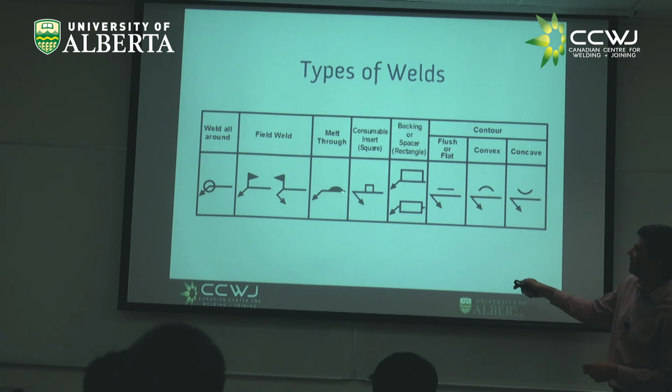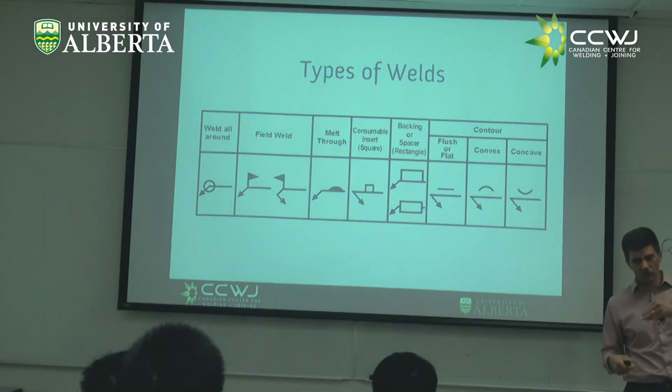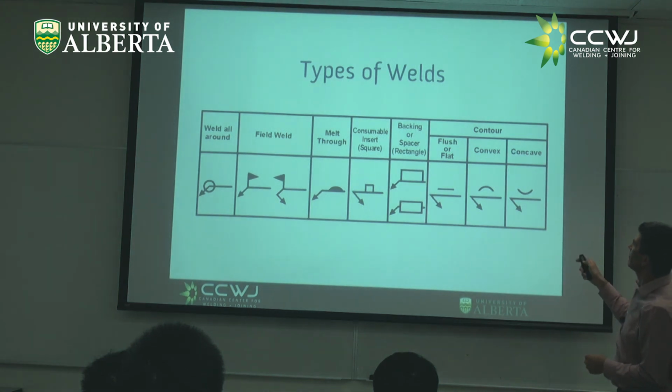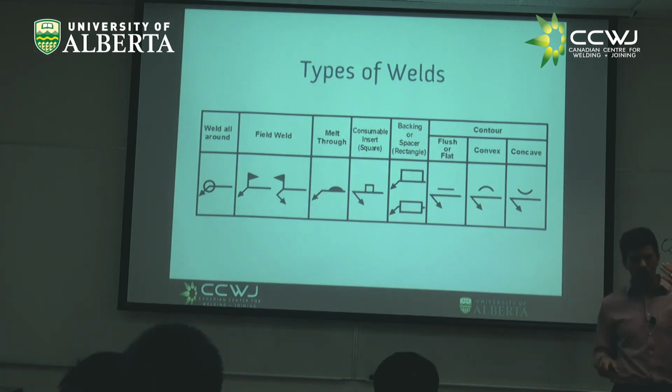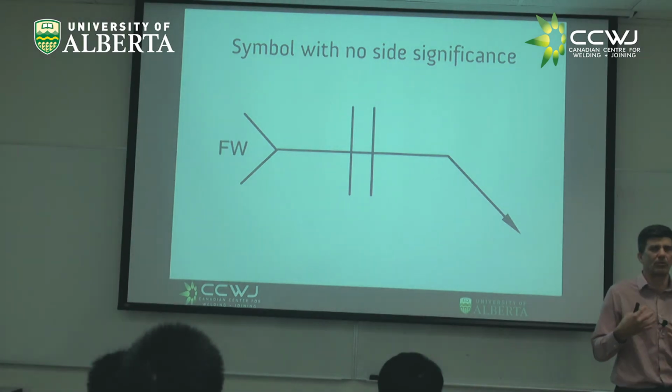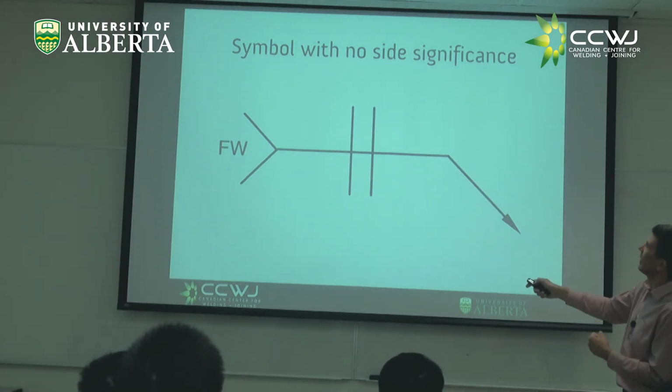This black dome here means melt through, so don't just stop at the root, go a little bit farther. And these are symbols for finishing. Are you supposed to have a flat weld, or a little bit concave, or a convex? You can make them speak. This is the language with which you communicate with the welders.